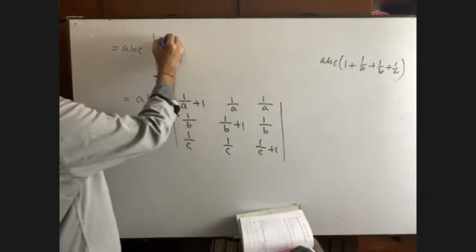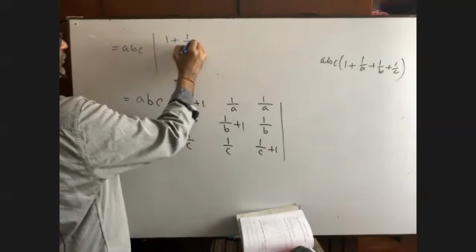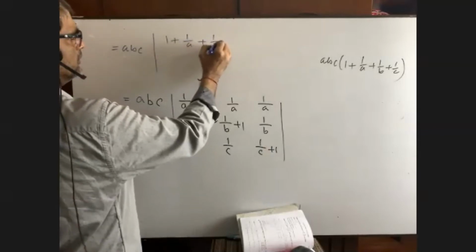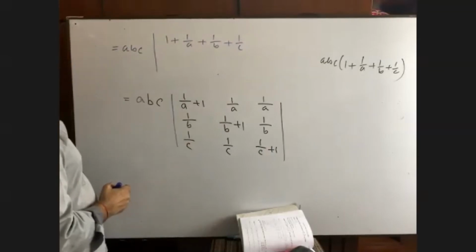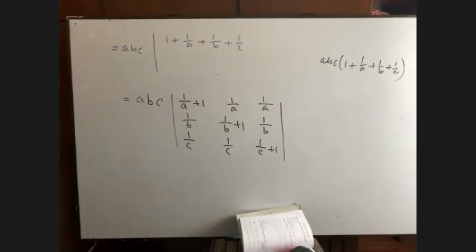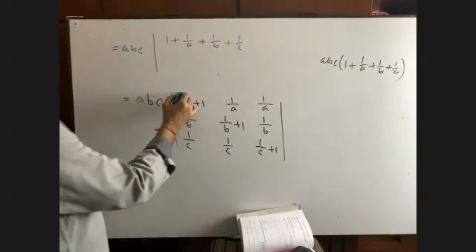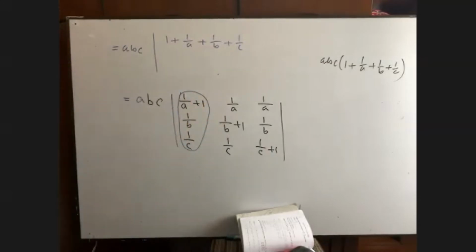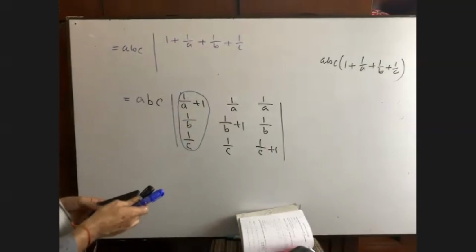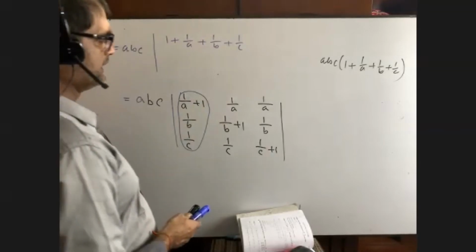Then we will get 1 plus 1 by A, 1 by B, 1 by C. I have added all. All the rows have been added.